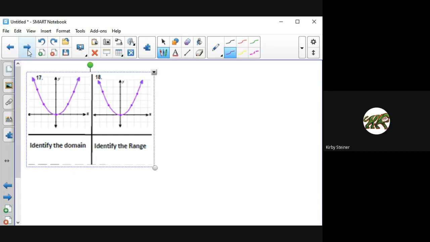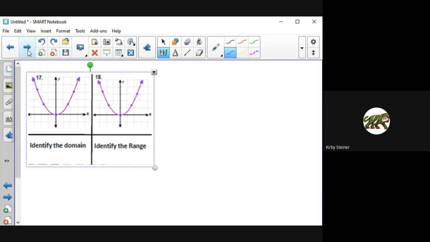So we have a hyperbola here, and the y's never go below 0. So there's no y less than 0 such that there exists an x such that f of x equals y. All right, so our range is going to be restricted. We're going to say our range is going to be all y's greater than or equal to 0.